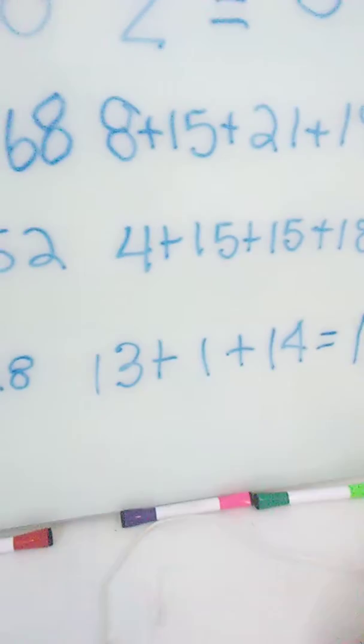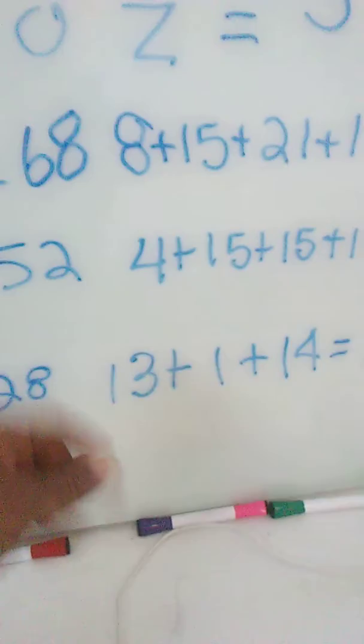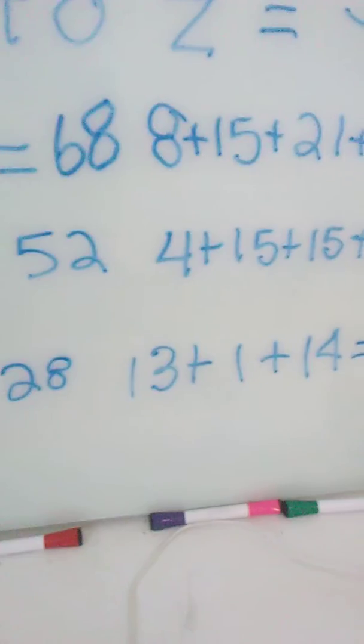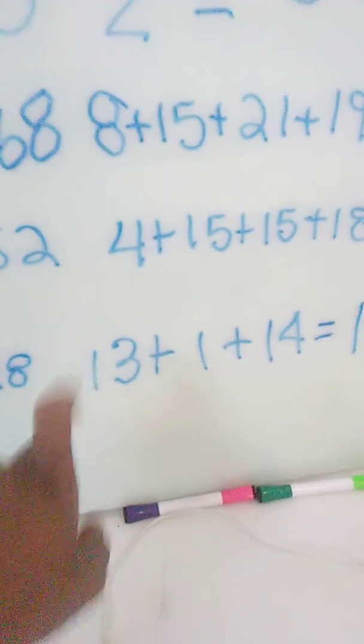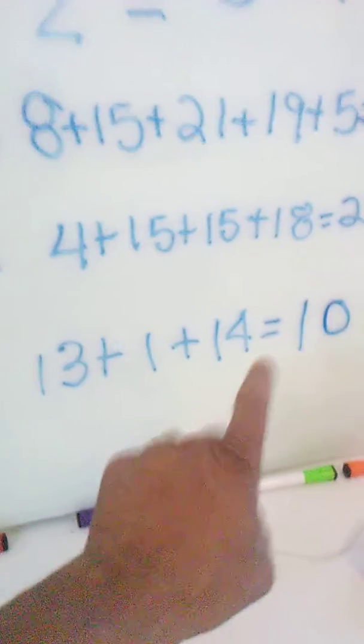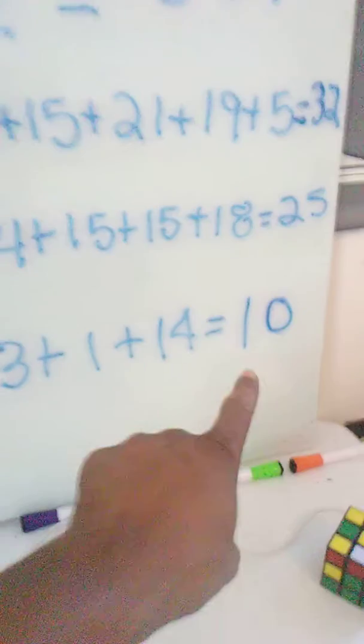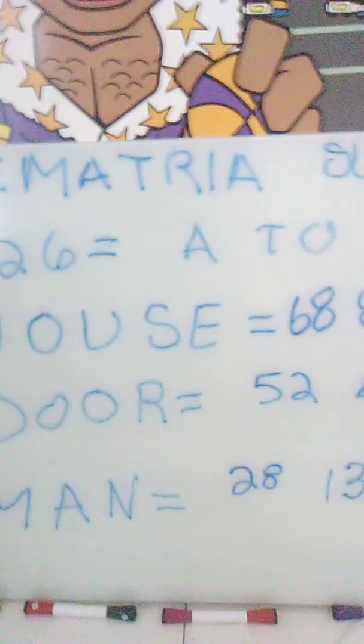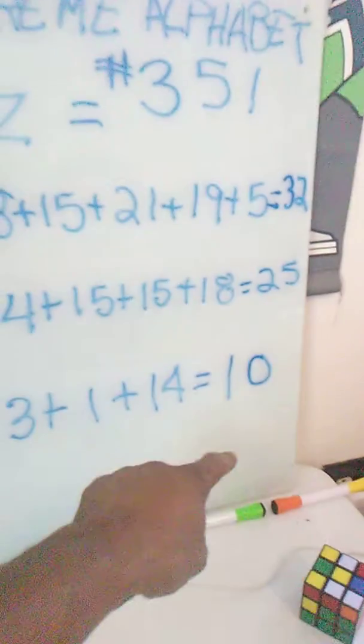It's mirroring. A mirror is a third eye that gives you another way of looking at something, right? So when we take man, 1 plus 3 is 4. 1 is a single digit. 1 plus 4 is 5, right? So that brings us to a total of 10, right? 10. So that's what we're doing when we're doing the ordinary, right? And then we do the reduce, right? You can reduce it, right?